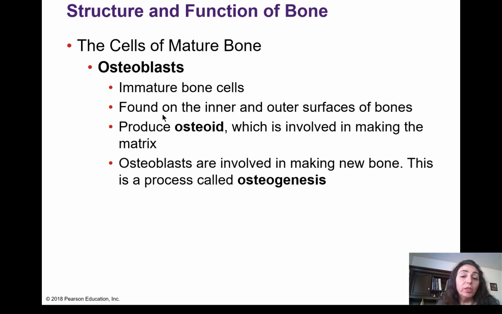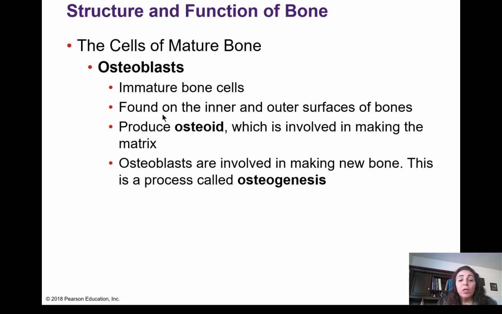Those immature cells are found on the inner and outer surface of the bones, because these are the cells that are going to produce osteoid. Osteoid is involved in making the matrix, right? So osteoblasts are producing osteoid, and osteoid is making the matrix.